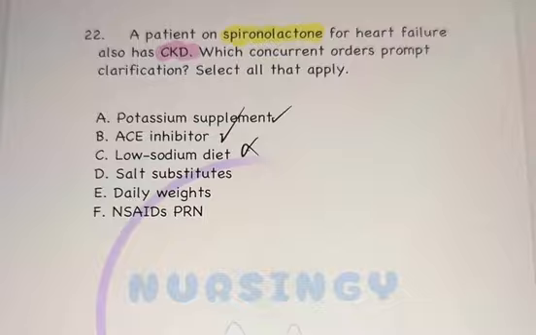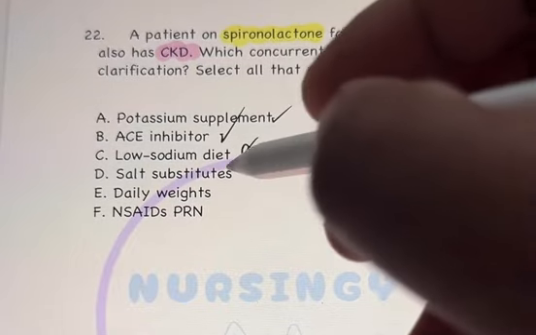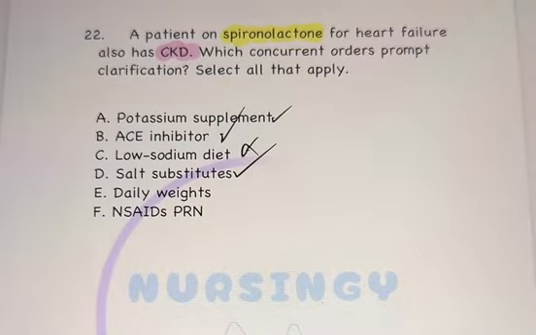Yes, okay, some of them can have potassium. They are usually made with potassium chloride. So we're going to question that because spironolactone is potassium sparing. That's going to increase potassium in the body, and if we are giving potassium also, that's going to increase the chances of arrhythmias.